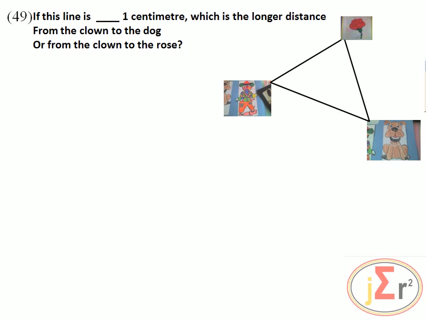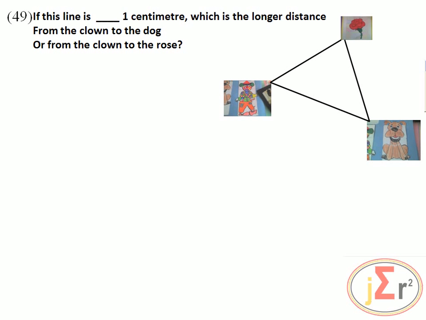Well, Jerry is just looking at it and making an estimation, which is excellent, because at the grade 6 level and also in the CXC CSEC, students are required to make estimation. Therefore, making an estimation is a very good thing. Jerry did not measure it at all. He just looked at it and was able to say that it is the distance from the clown to the dog.